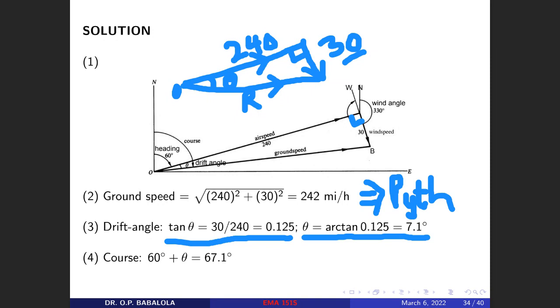Okay. And to get the course, which is this addition of heading plus drift angle. That's the addition of heading plus drift angle.